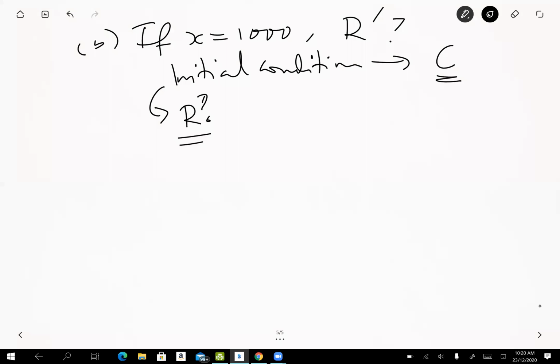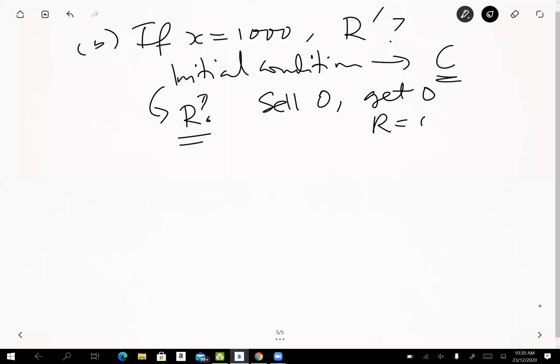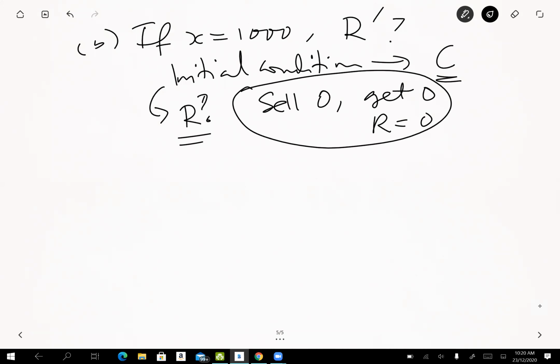What is the point that is common for any revenue function? Zero. If you sell zero, you get zero. That means if I sell zero, your revenue is zero. So for revenue, sometimes it's not given, we know it already. The initial condition is at x equal to 0, R is 0.